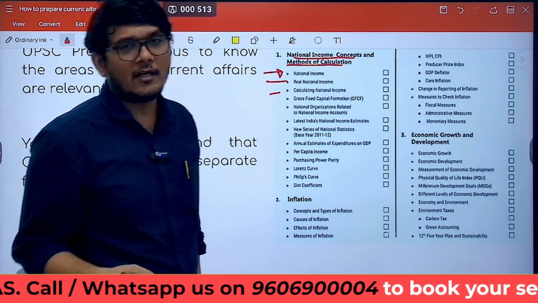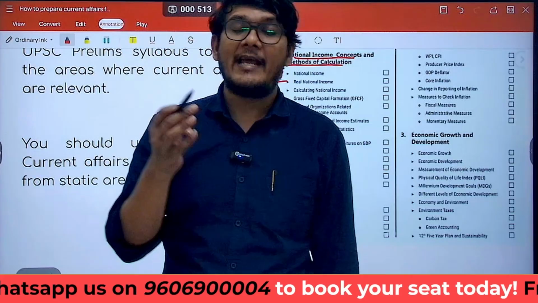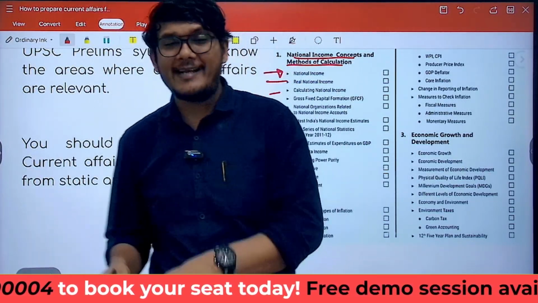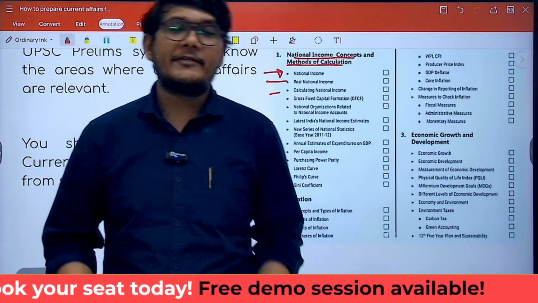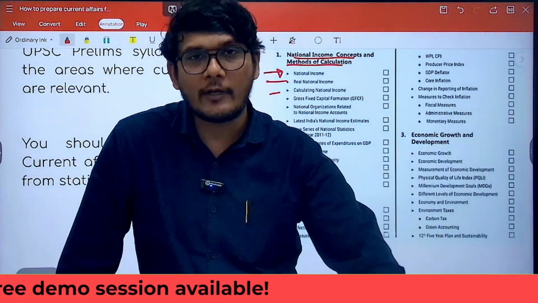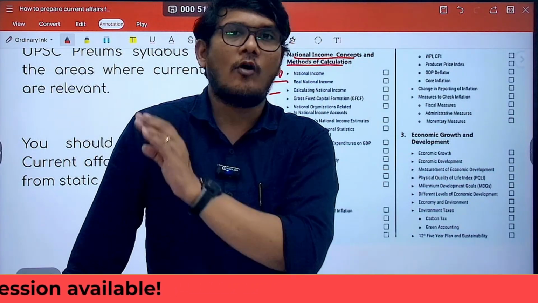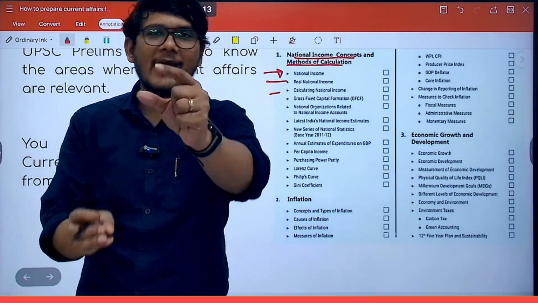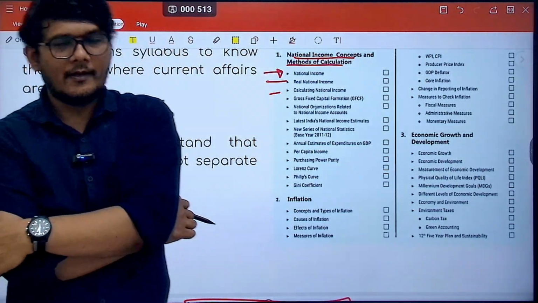Then national income, or you can say GDP, GNP, NDP, NNP, then you have GDP at factor cost, at market price, the relationship between the two, then GDP at PPP, purchasing power parity: what is it, how to calculate, what are the methods, what are the components. All these things become a part of that particular topic.